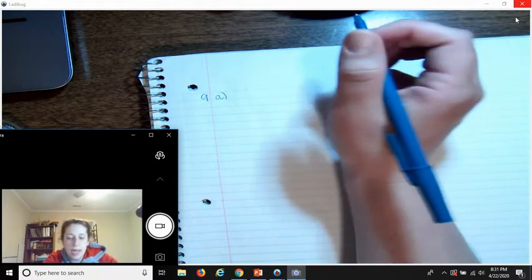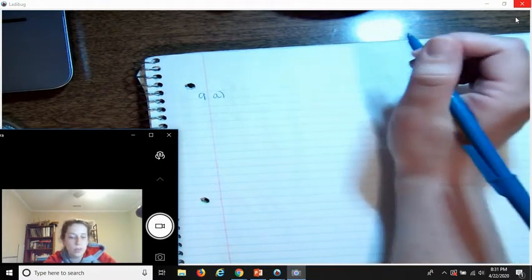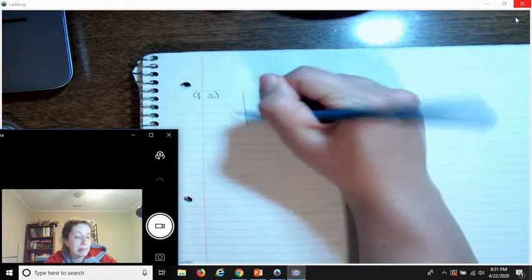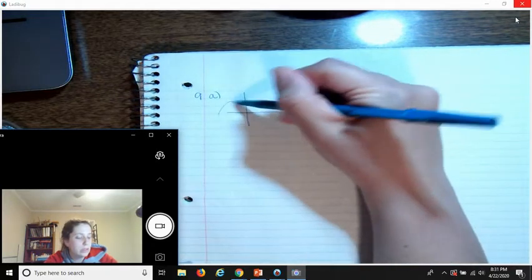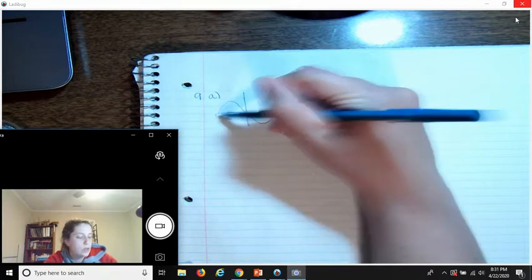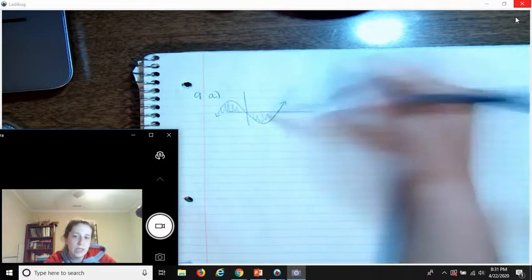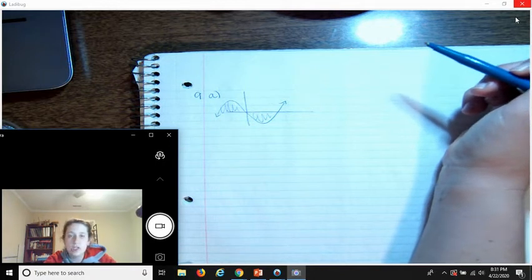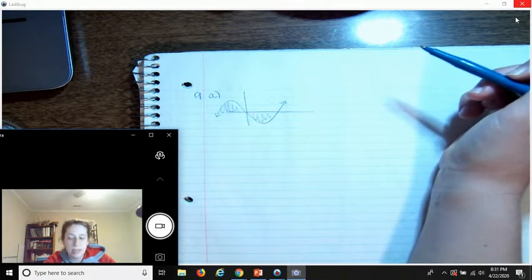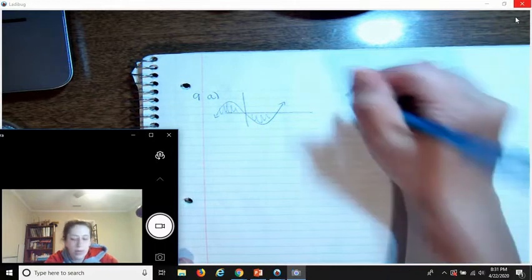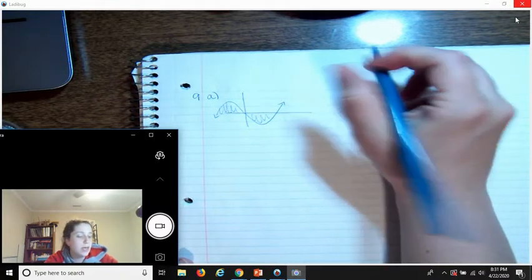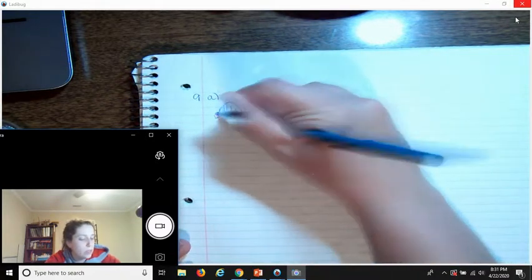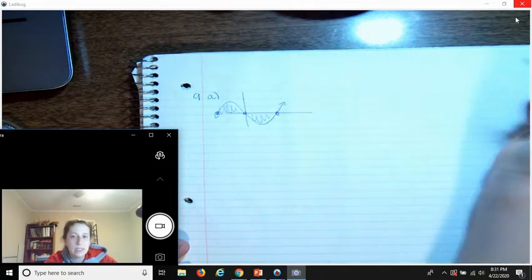So for 9A, the first thing you want to do, because you get something, if I recall, like this, and so you have a positive piece and a negative piece. And so you have to split up that integral into 2 pieces and take the absolute value of the second piece. So our area is going to be defined by these 3 places.